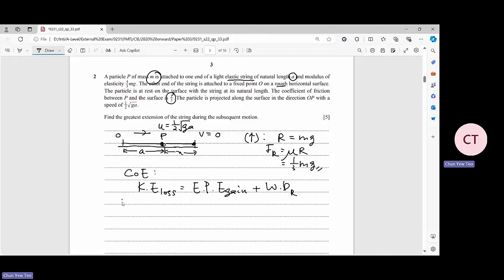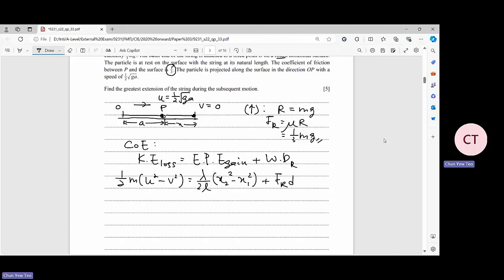So KE loss, half m of u squared minus v squared, is equal to the EPE, which is lambda over 2L of x2 squared minus x1 squared, plus the frictional force multiplied by the distance that you travel. Okay, so this is what you need to show.